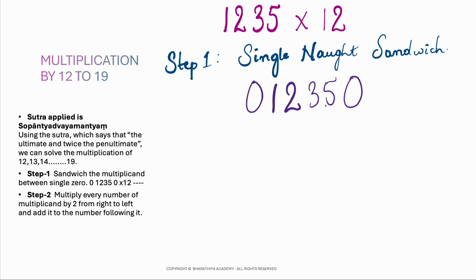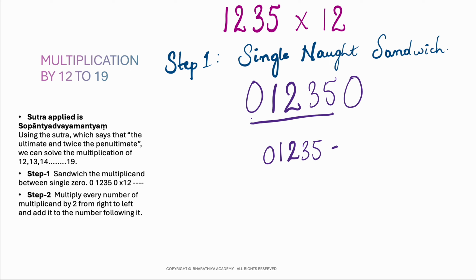I want you to understand one thing here. When I put 0 in the front of a number, let's say 1235 is there, I kept a 0 here, we'll just write it separately, 35.